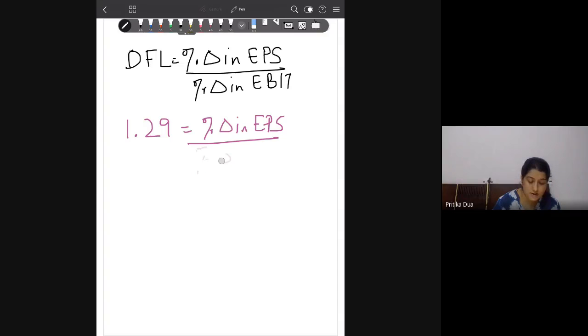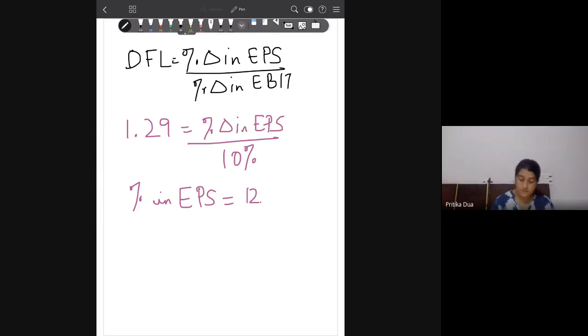And this is 10%. So what is the percentage change in EPS coming to? It becomes 12.9%. Your EPS is increasing because this is a positive value, so it is increasing by 12.9%.